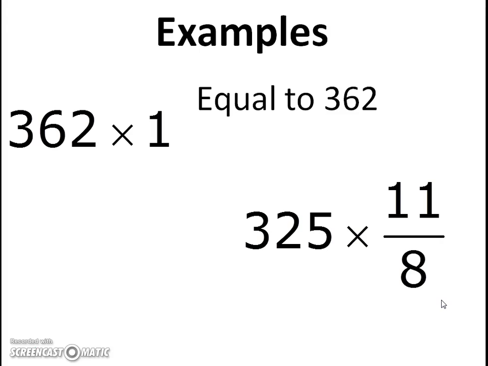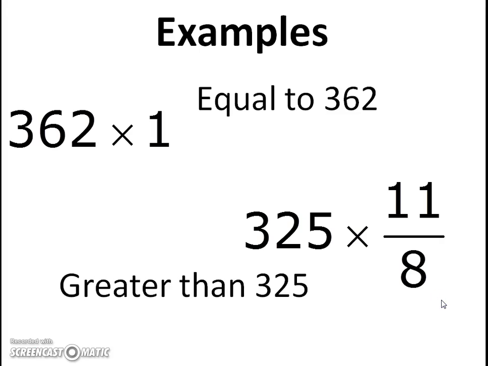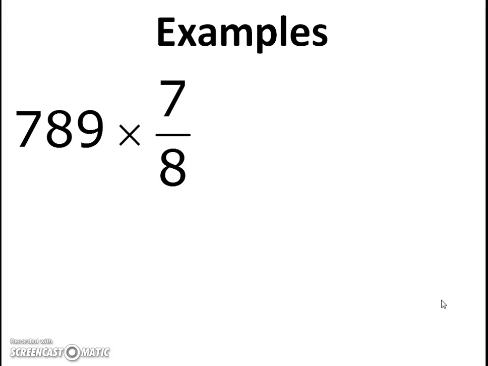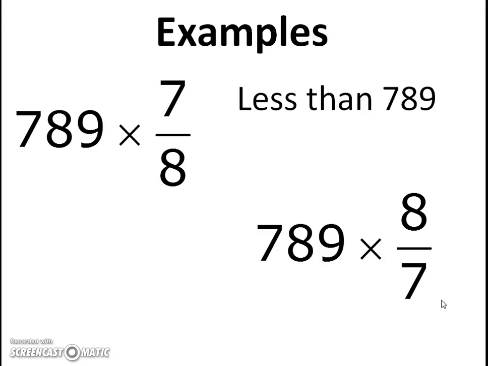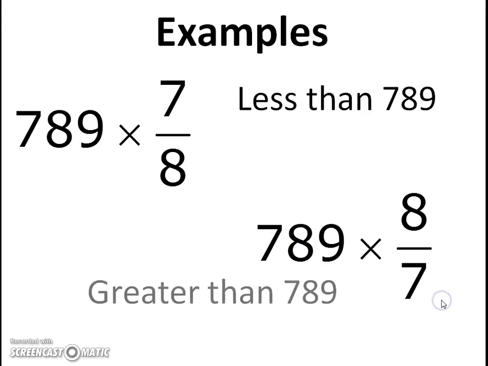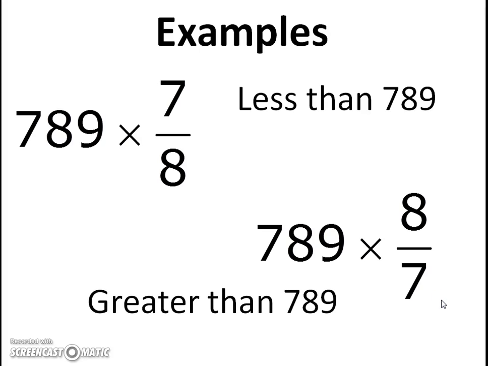325 times 11/8 is greater than 325 because 11/8 is an improper fraction that is greater than 1. 789 times 7/8 is less than 789 because 7/8 is a proper fraction that is less than 1. 789 times 8/7 is greater than 789 because 8/7 is an improper fraction that is greater than 1.